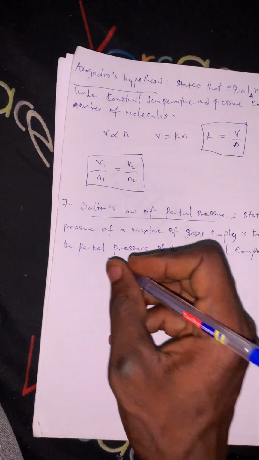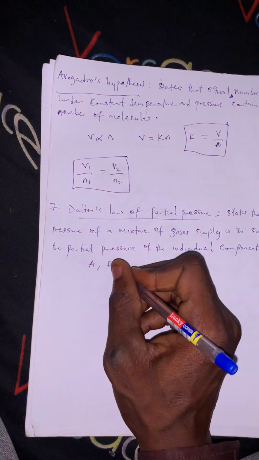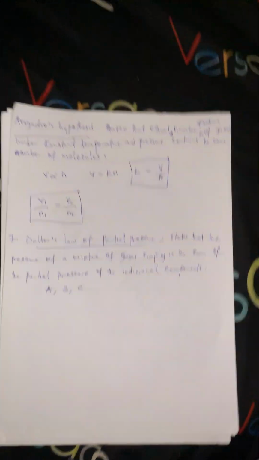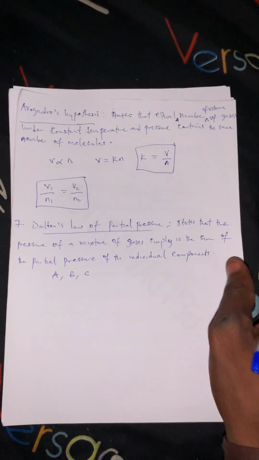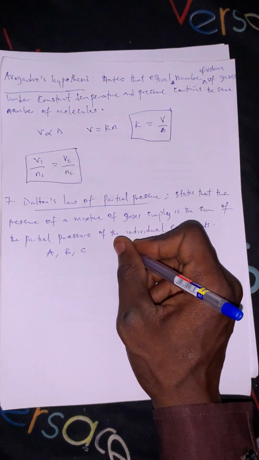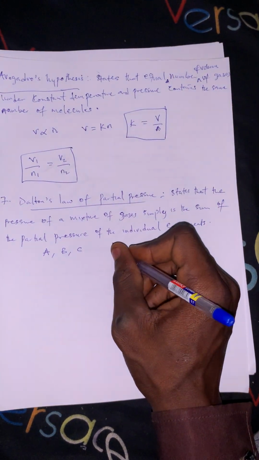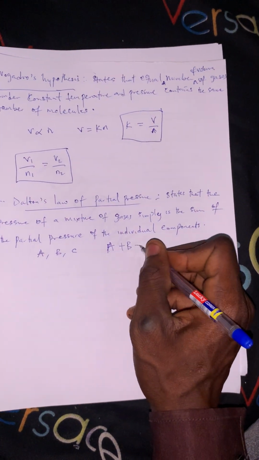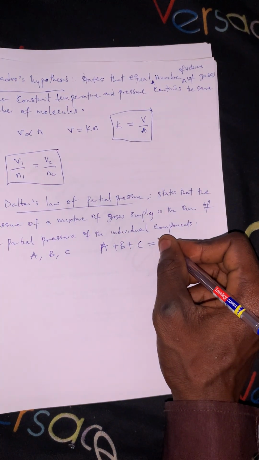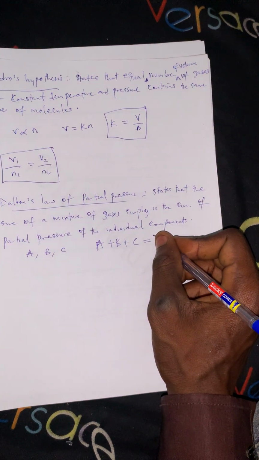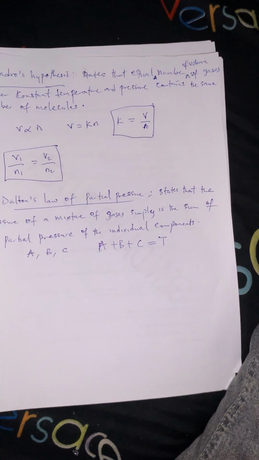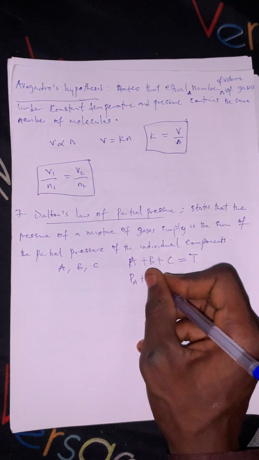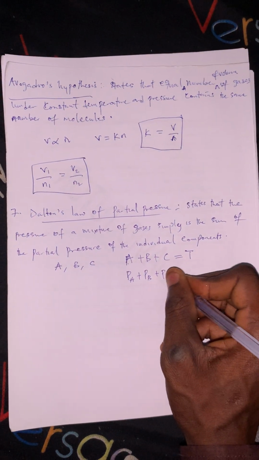If you have a substance A, B, or you have gas C like this, then you all believe with me that if you mix gas A plus gas B plus gas C to give you the total gas, let's say gas T, the total, then the pressure of A plus the pressure of B plus the pressure of C will give us what?